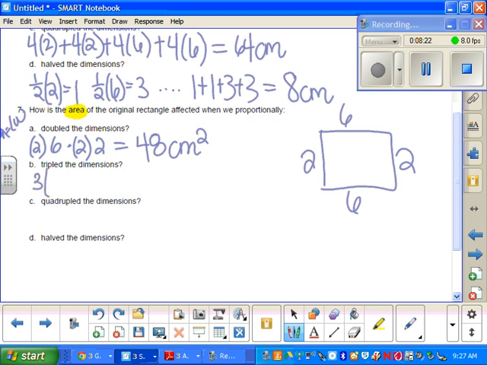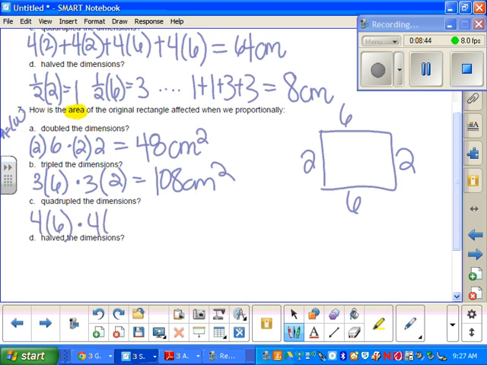We're going to do the same thing. We're going to triple our length. We're going to triple our width, which will give us 108 centimeters squared. We're also going to go ahead and quadruple our length and our width, which will give us 192 centimeters squared for our area.